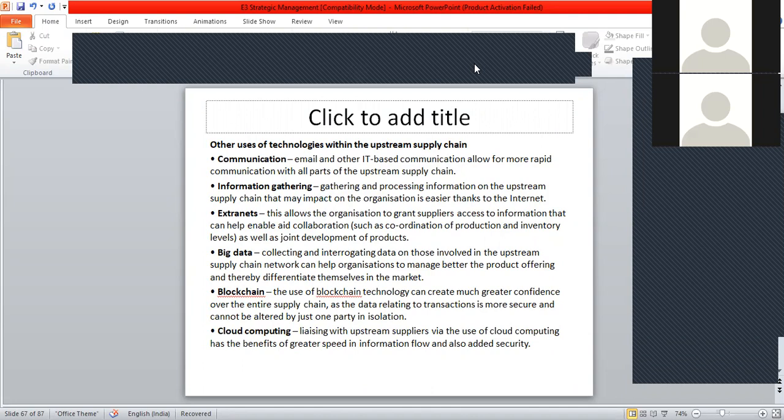The first one is communication. Communication through email and other IT based communication allows more rapid communication with all parts of the upstream supply chain, compared to the conventional methods, maybe through telephone or postage.